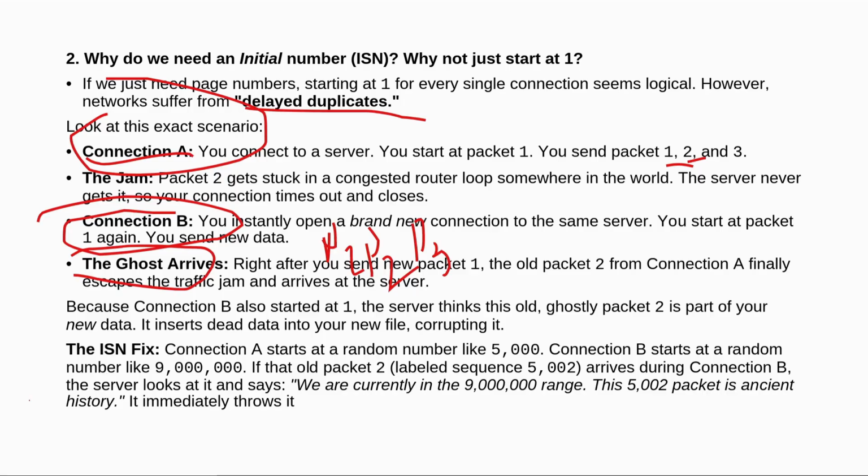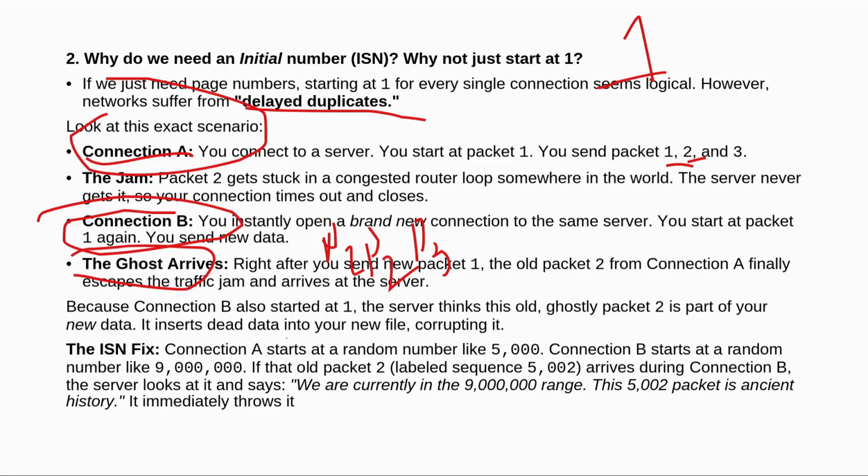Because connection 2 also started at 1, the server thinks this old ghost packet 2 is part of your new data, and inserts dead data into the new file. So your whole file becomes corrupted. That is what happens if you always start from 1 in every new session.